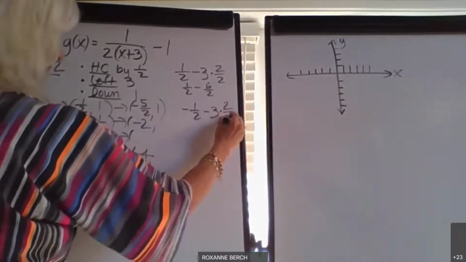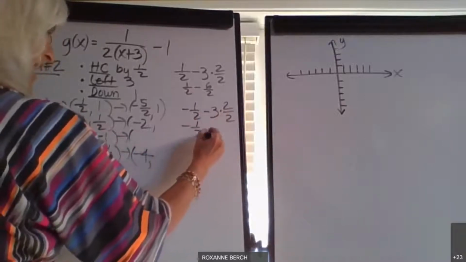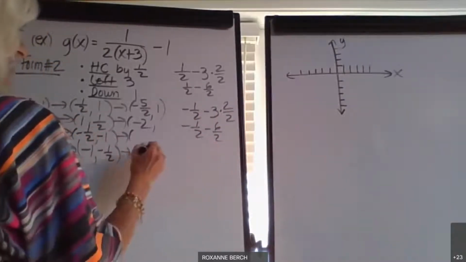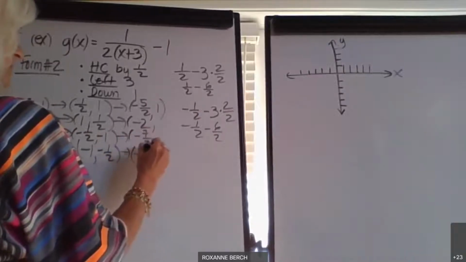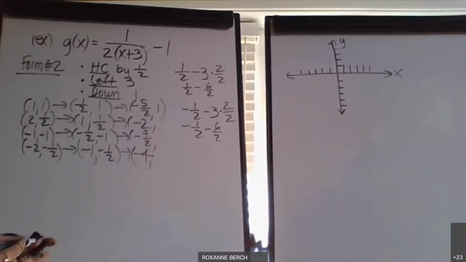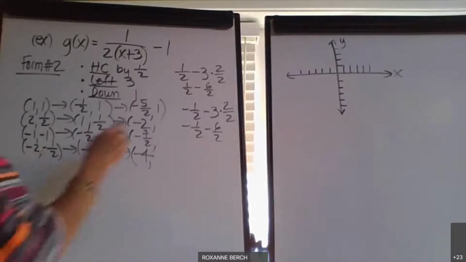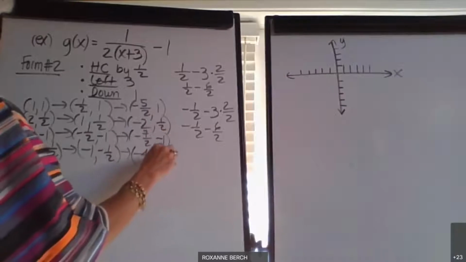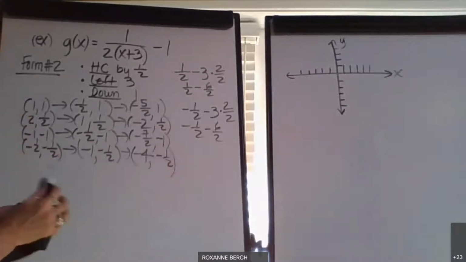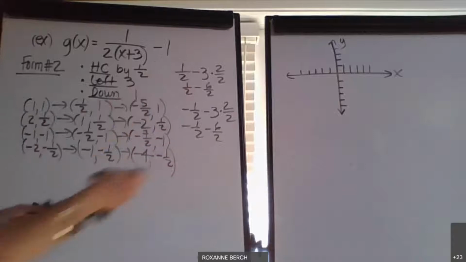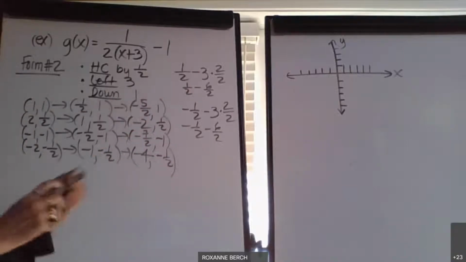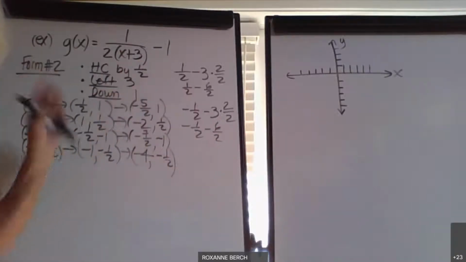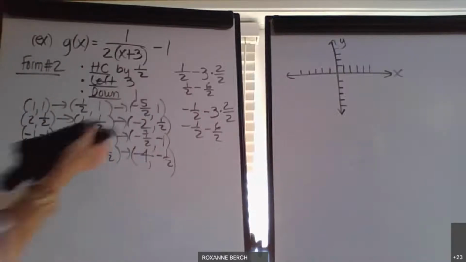Get a common denominator, which would be -1/2 minus 6/2, which is -7/2. So it's really testing your basic math skills. So this y value would be 1/2, -1, -1/2. Okay, can I erase this over here now? You would do this off to the side of your paper on the left.